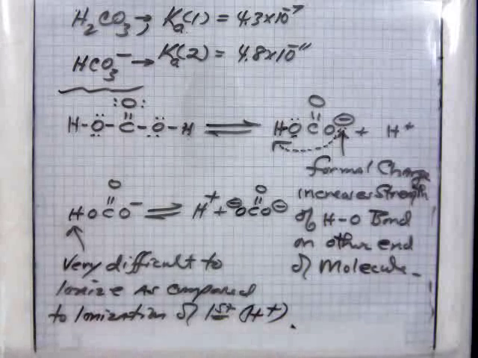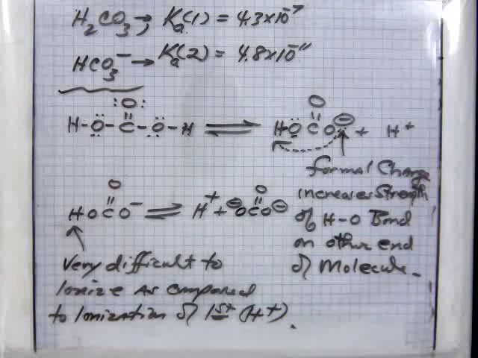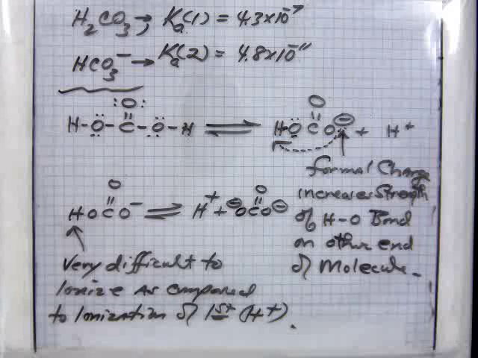So I just want to emphasize that idea that the first ionization step functions to make the second ionization much more resistant to ionization than the first ionization step. And this will play a big part in a moment in your calculation sequence.